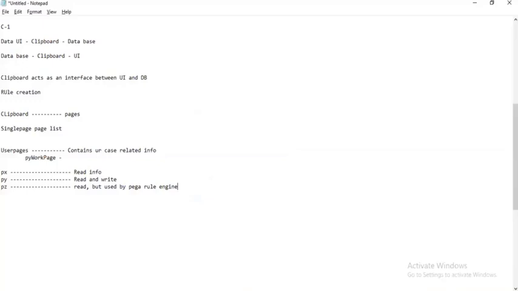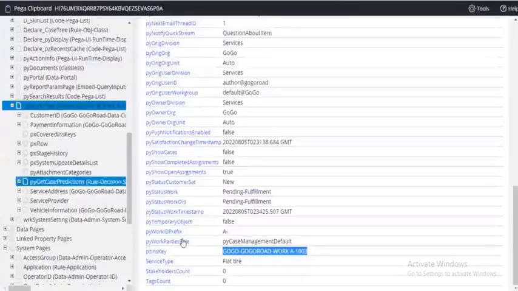Any questions here on PX, PY and PZ? These are Pega internal properties. If a property starts with PX, you can only read the data inside it. If it is PY, you can both read and write, meaning you can read and modify the data. PZ properties you can read, but they are used in the Pega rule engine. Any questions?